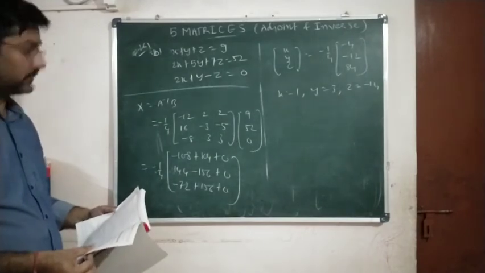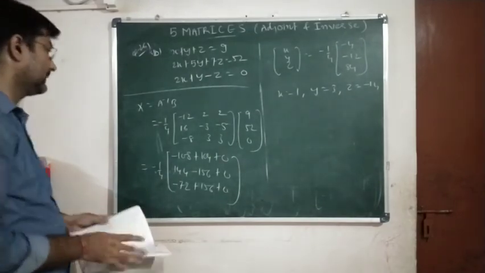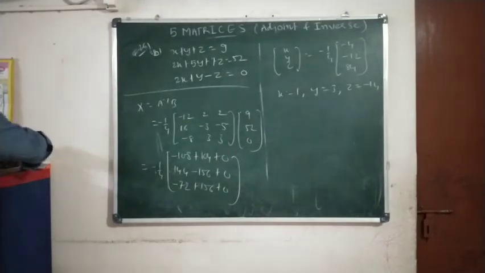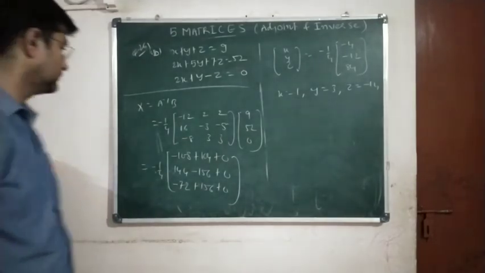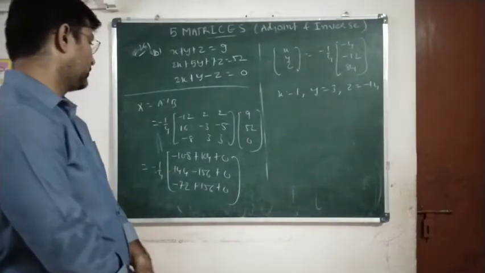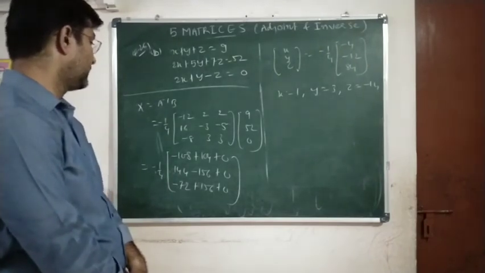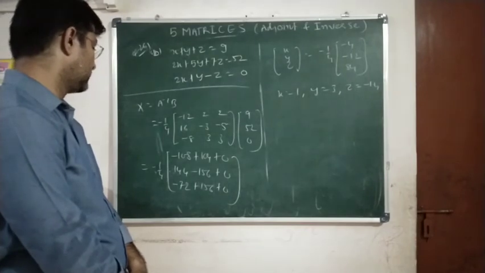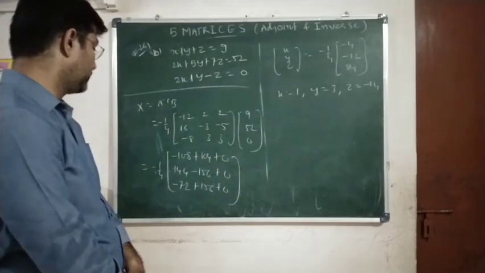Okay, 1, 3 and 5 we are supposed to get. So there must be some mistake. Now let us find out where the mistake is. 52 3s are 8 9, the 72.